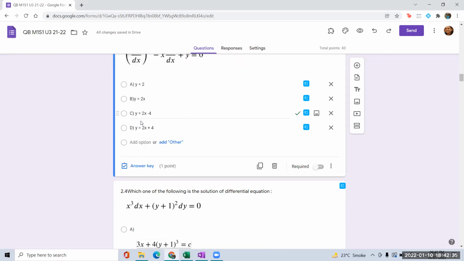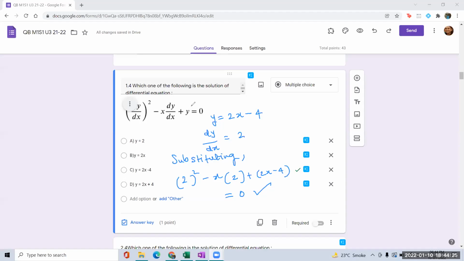Now you can see that 2x minus 4. When you come to C, y is equal to 2x minus 4, differentiate, that gives you 2.